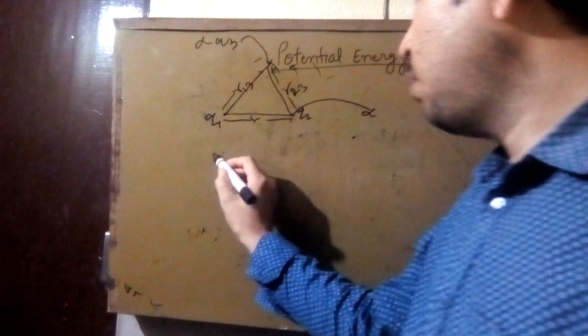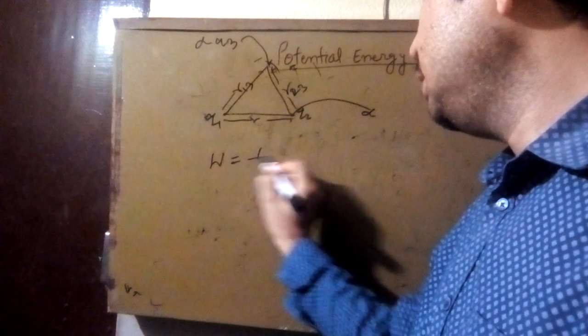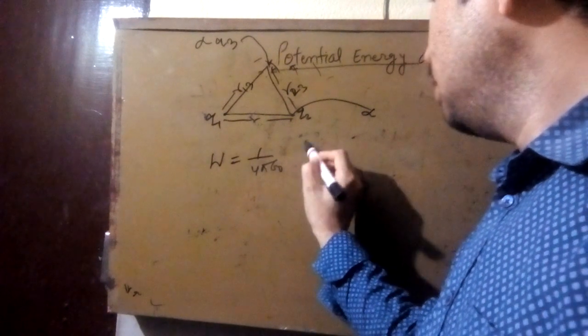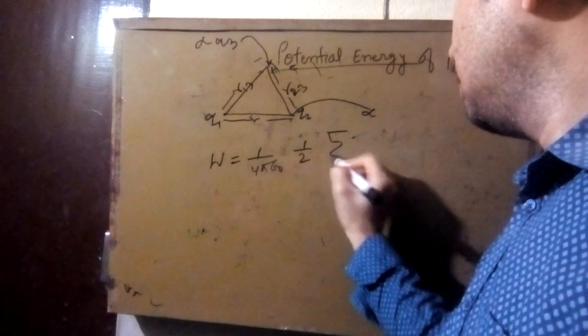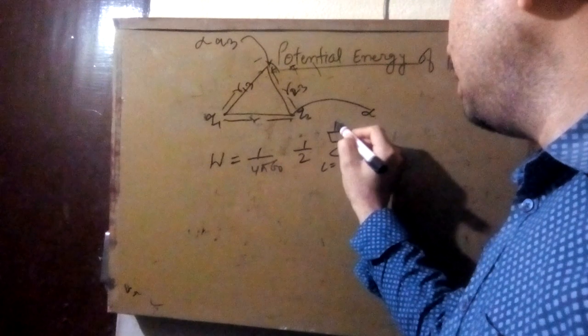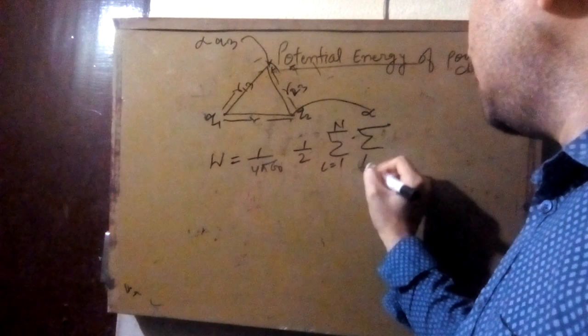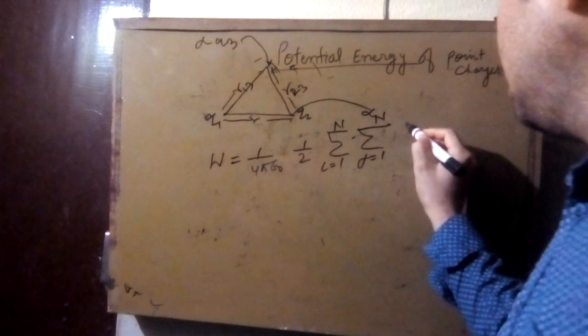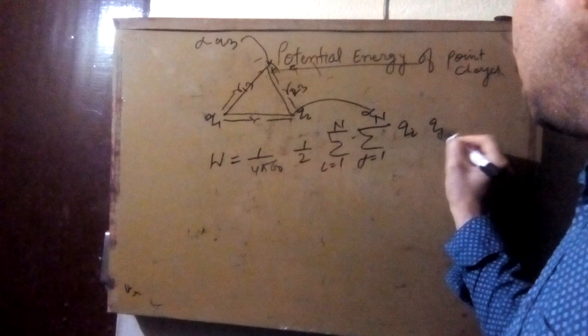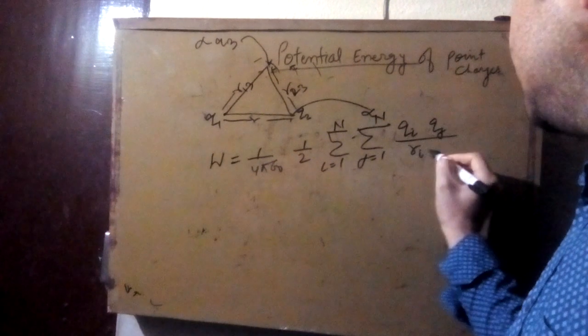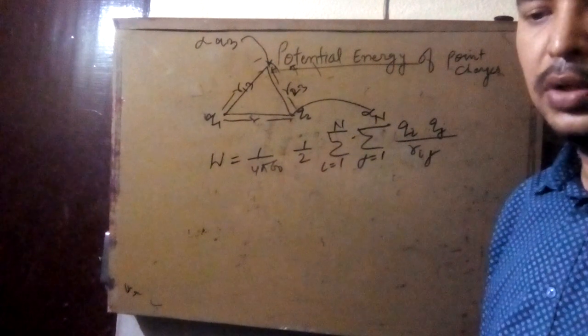So the general formula for assembling the three charges is half, i from 1 to n, j from 1 to n, Qi Qj divided by Rij. This is the general formula given in your book.